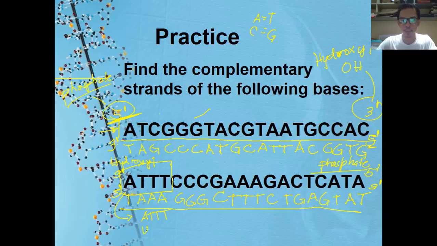We have U, A, and A. So basically this is your RNA strand. The only difference is that in RNA we don't have T, instead we replace it with U. That's how you find the complementary strands in DNA and the equivalent strands of DNA to RNA.